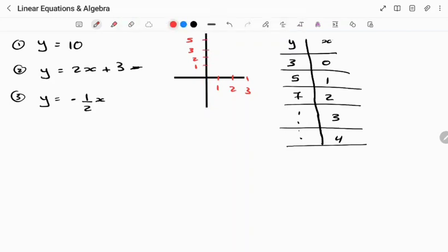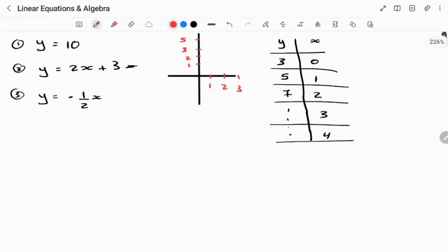Now to plot this second equation, we're going to look at our values. When x is 0, y is 3. So that is our first point right there. And our second one, when x is 1, y is 5. And that's our second point right there.